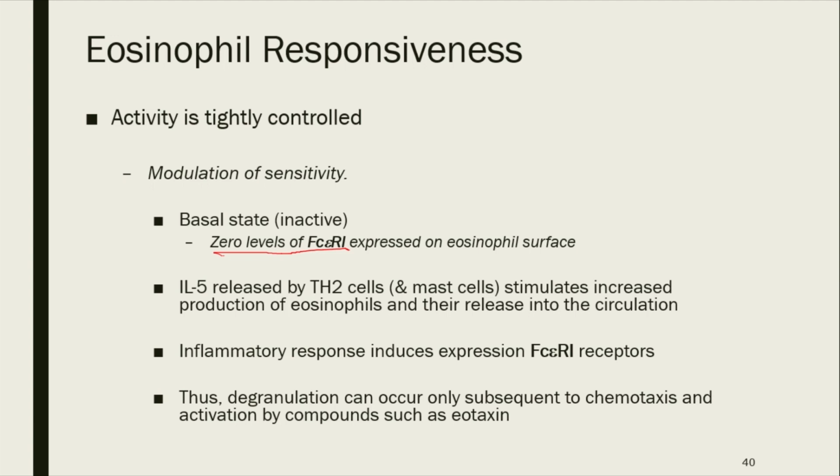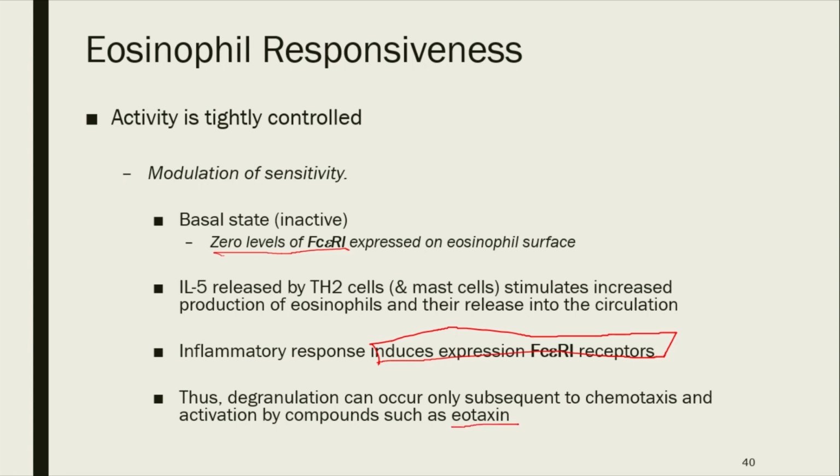You don't want unwanted remodeling of the extracellular matrix, and you also don't want too many toxic cytokines and chemokines being released. So degranulation can only occur when there is induced expression, subsequent to chemotaxis and by other compounds such as the eotaxins.